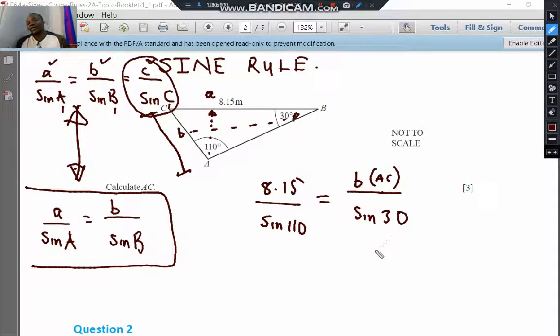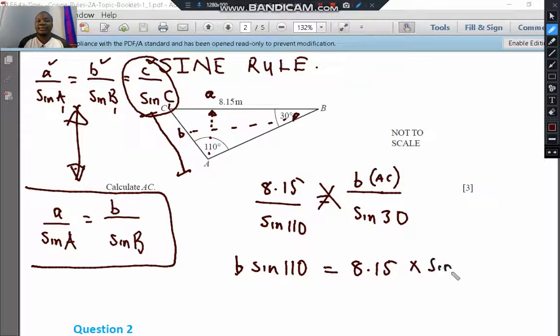If we work our mathematics nicely here, we need to cross multiply to find b, as we've been doing. So it's going to be b sine 110 equals 8.15 times sine 30.